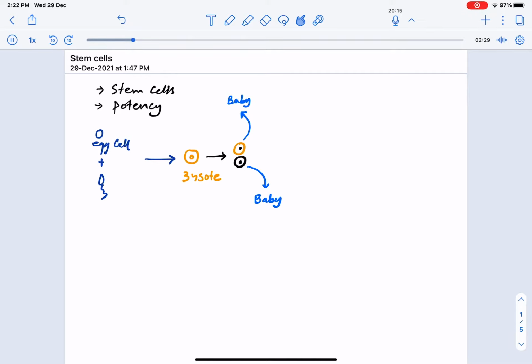In humans, these two cells, if separated and implanted in the uterus, can grow to make a human baby, umbilical cord, and placenta.